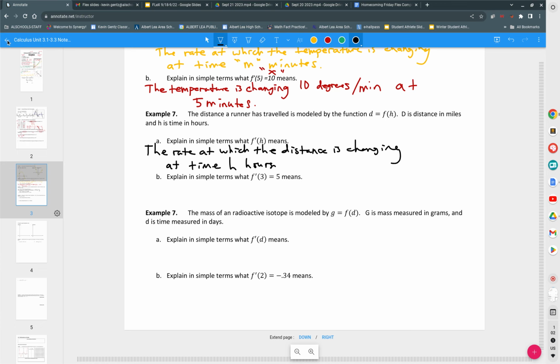And so what does it mean? F prime of 3 is equal to 5? Well, we could write it the complex way.